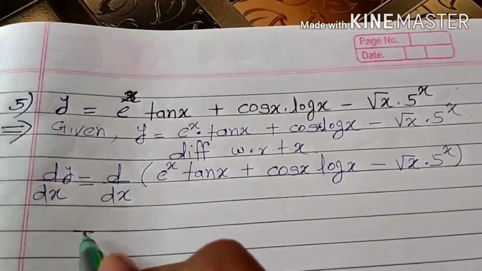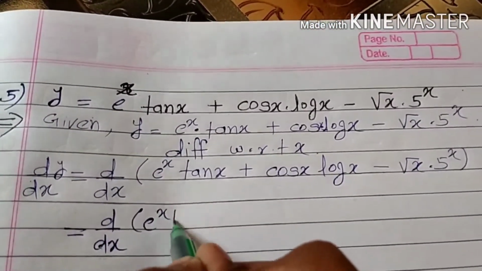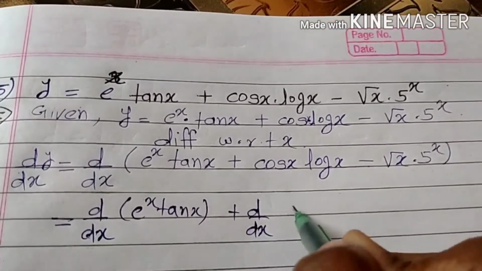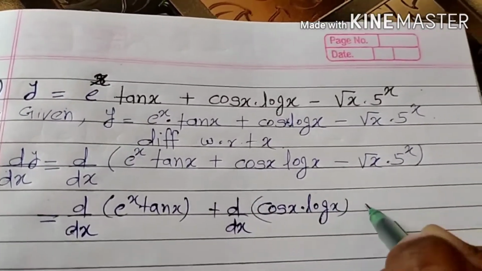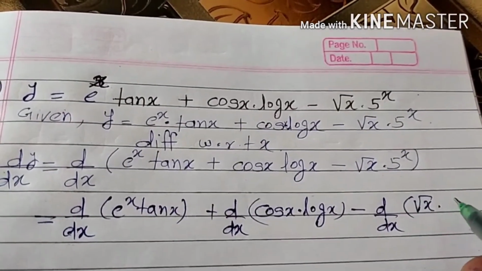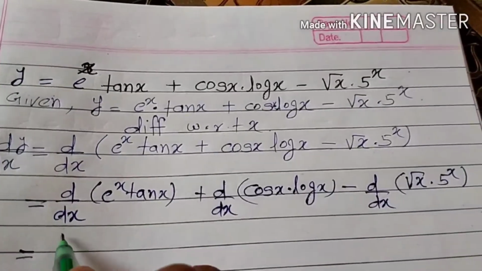Now separate: d by dx of e raised to x tan x plus d by dx of cos x into log x minus d by dx of root x into 5 raised to x. So use here product rule.